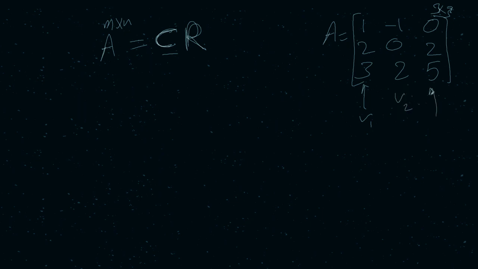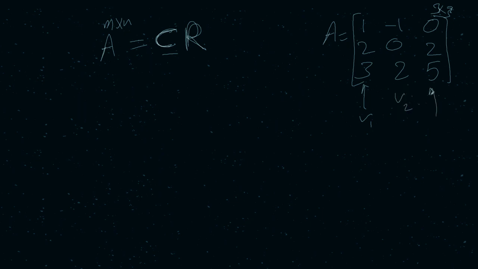Okay, without going into deep theoretical analysis, let us do it with numbers. So if I keep the same matrix as I started with, it is 1, -1, 0, 2, 0, 2, and 3, 2, 5. This is the matrix that we saw. This matrix is a 3 by 3 matrix, but as I said, it has only two independent vectors, v1 and v2, and the third is a linear combination.